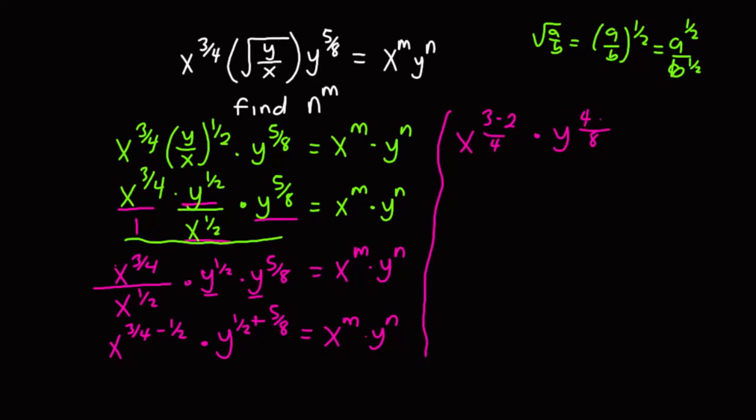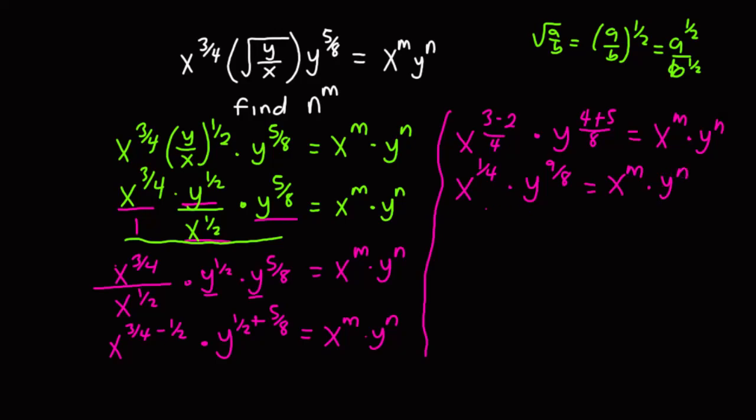So I have 4 plus 5. And this whole thing is equal to x exponent m times y exponent n. And so this will give me x exponent 1 on 4 times y exponent 9 on 8. And this whole thing is equal to x exponent m times y exponent n.